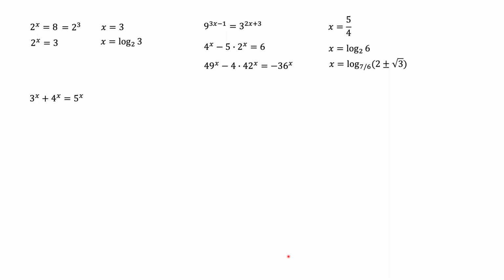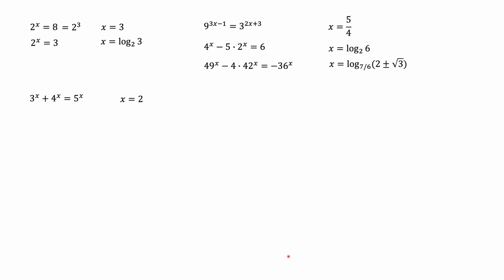So the strategy in this case is to guess a solution. And we can quickly see that x equals 2 is a solution of this equation. Because 3 squared plus 4 squared equals 5 squared. That's actually the Pythagorean theorem applied to the Egyptian triangle with the sides of 3, 4, and 5.